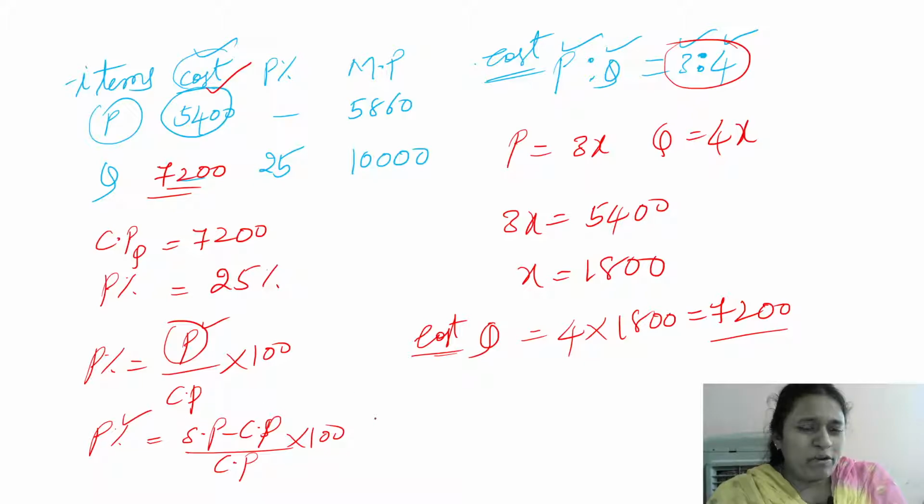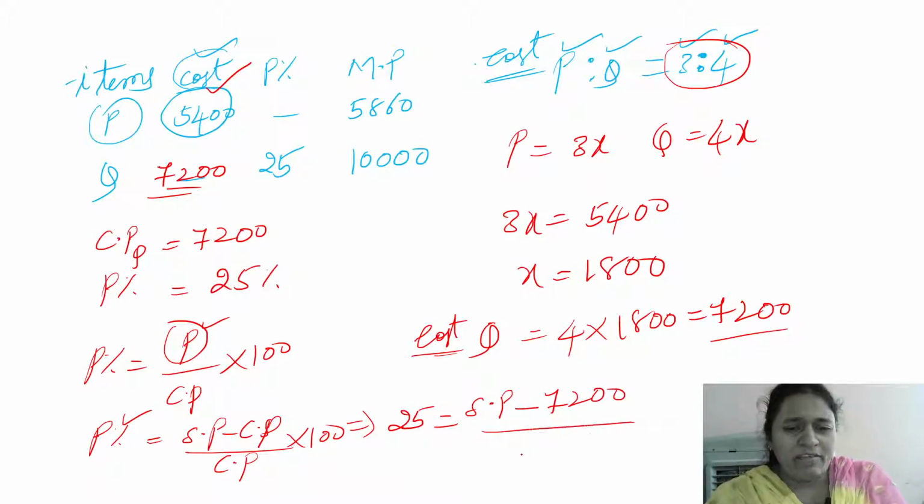Divided by cost price into 100. We know the profit percentage here. That implies 25 is equal to selling price minus cost price, 7200, divided by 7200 into 100. Right? That is 25 into 72 is equal to selling price minus 7200.